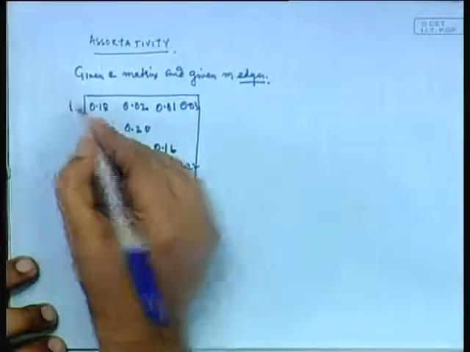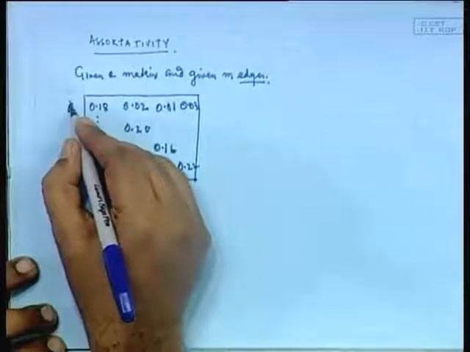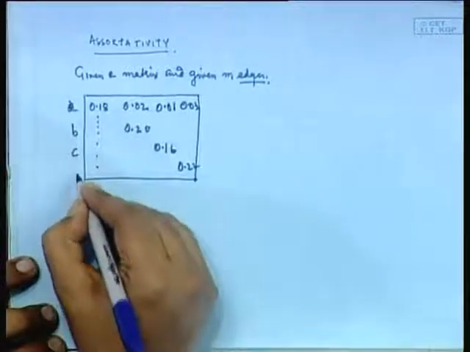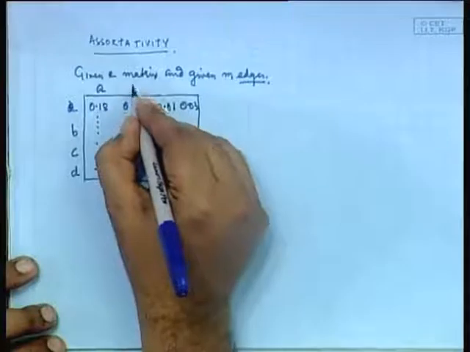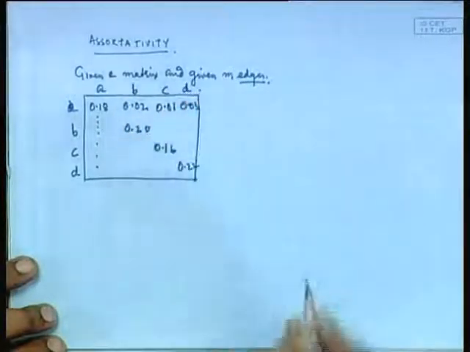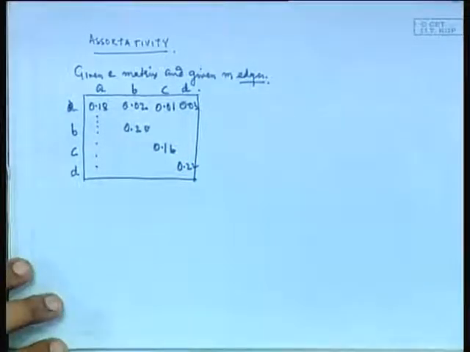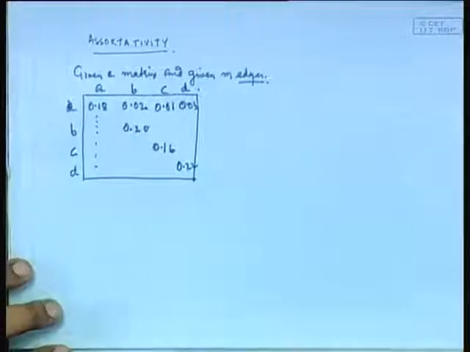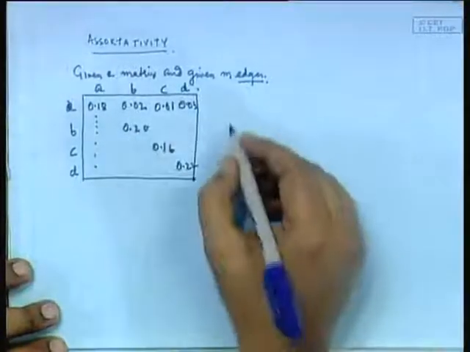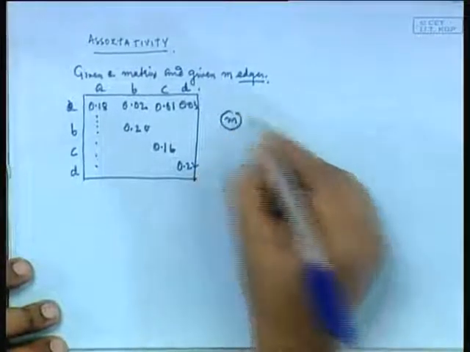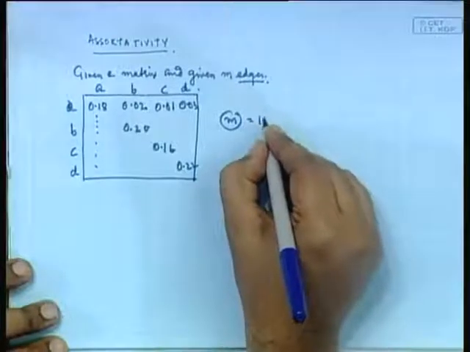So, this is I, A, B, C, D, and this is also A, B, C, D. Clear? I am thinking symmetric. Okay. For the time being, to avoid problems, I am thinking symmetric. So, now given M, say M is equal to 100.